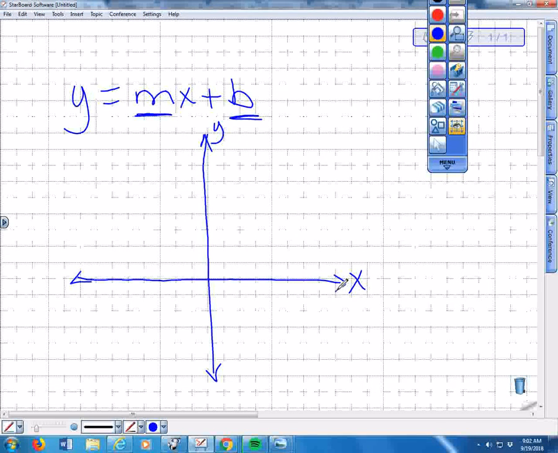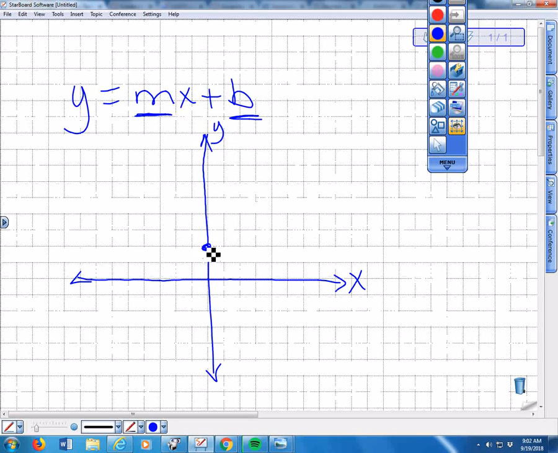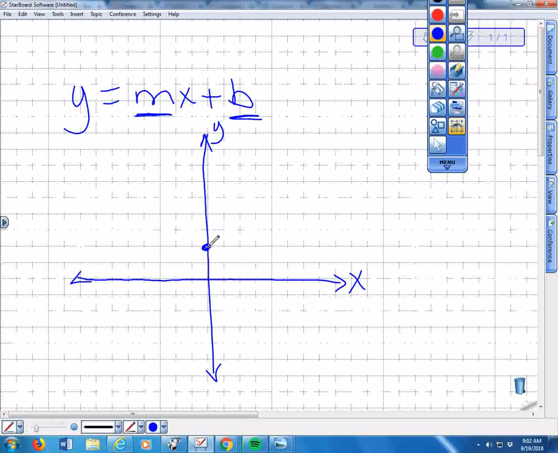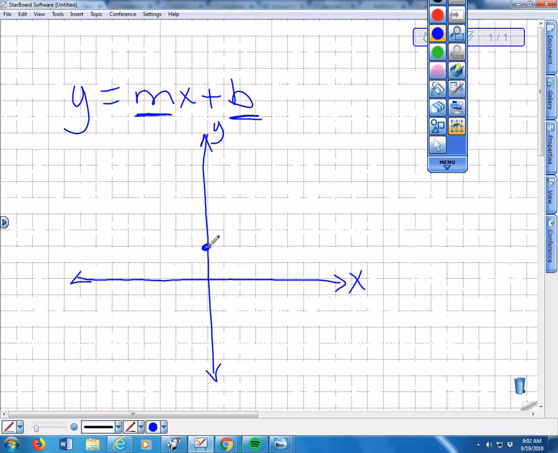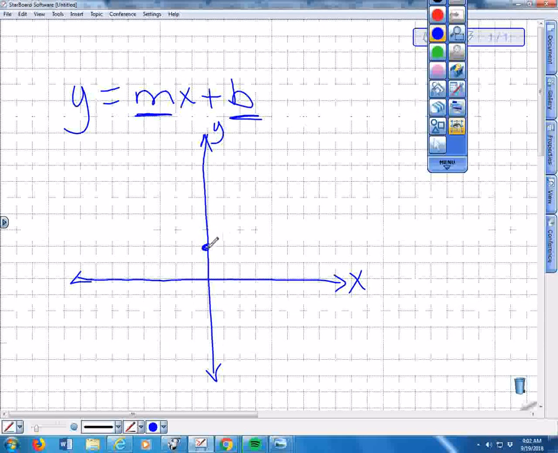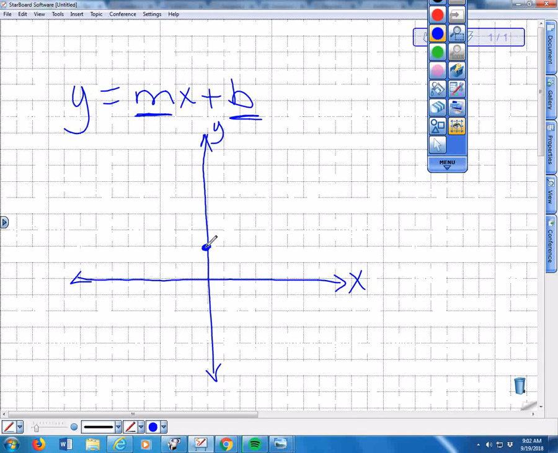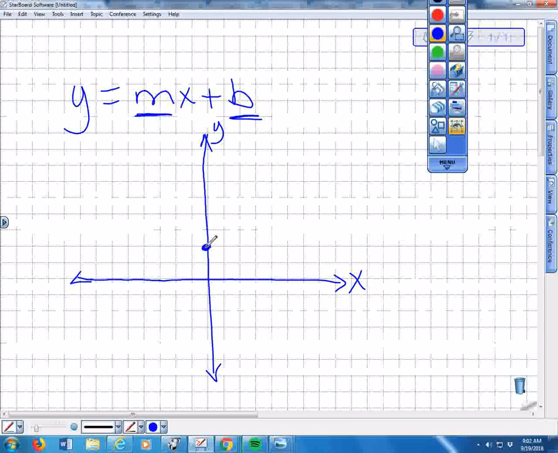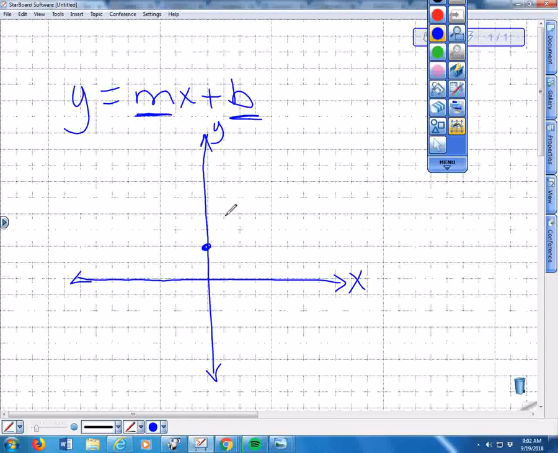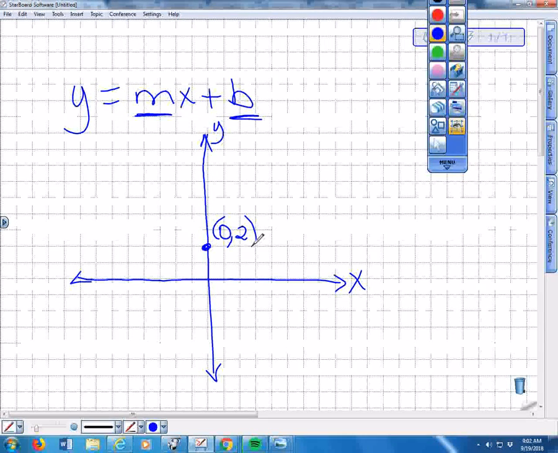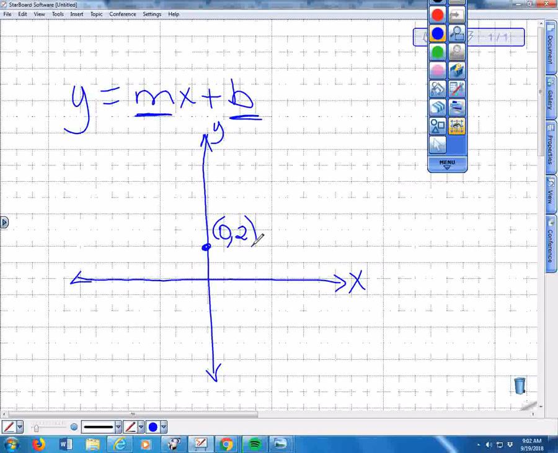At this point, whatever point it is, if it's here, what's the value of x? 0. The value of y is 2. Okay, so your y-intercept is always where x is 0.